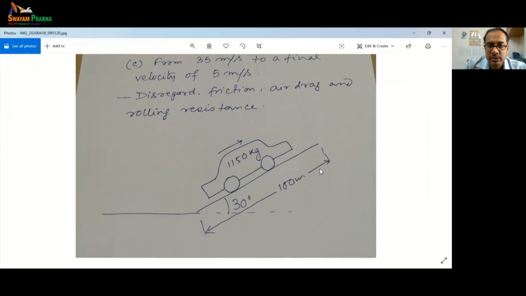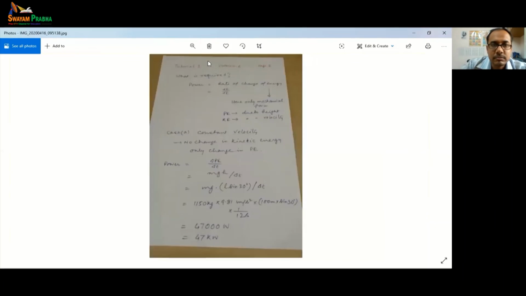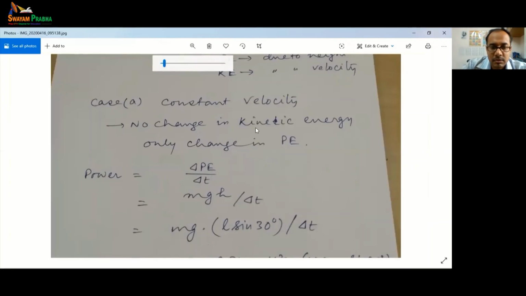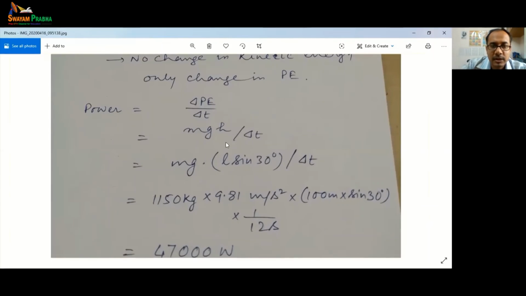So this is the height, which is L sine 30 degrees. Please follow the mouse here. So in place of h, we have written L sine 30, so mg L sine 30 divided by t.